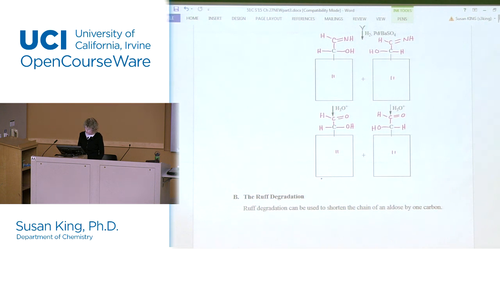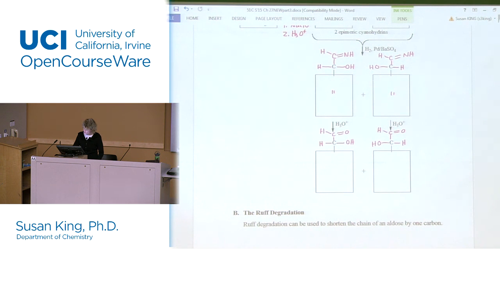And so if we draw the rest of the molecule, we'll see. Should we? Let's do it. Let's draw the rest of it here. What's the bottom part? This is just D-glucose, right?